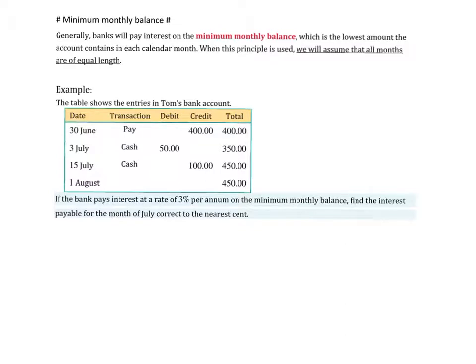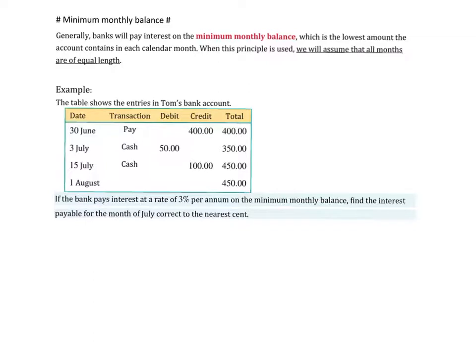Well, basically it means that if you had in the month of, say, July, which we've just had, $10,000 in your account, and then you took out $9,500 because you put a down payment on your new car, which means that at some time during July your account went down to $500, well, you're only going to earn interest on that $500. It doesn't matter that you had $10,000 in there at one stage.